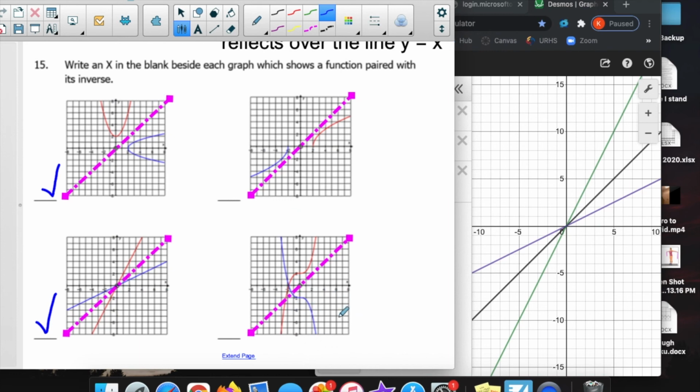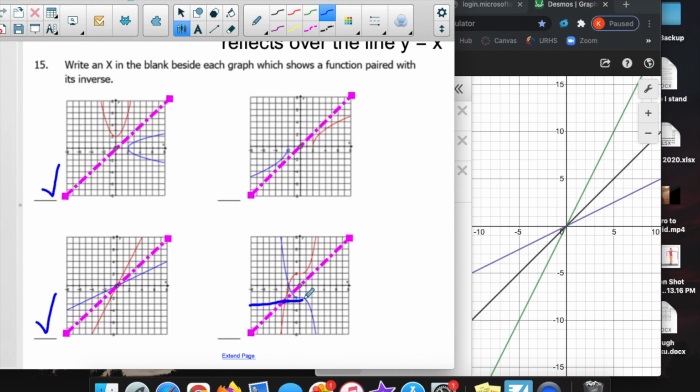And then this last one. We have two different lines. These are actually two different graphs of a cubic graph, if you recognize that parent function. And no, this one would not be an inverse either. I'm not even going to type these on here because we see that it should be a mirror image. What the blue one would look like if it was a true inverse would be something like this.